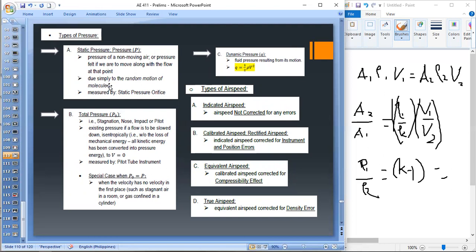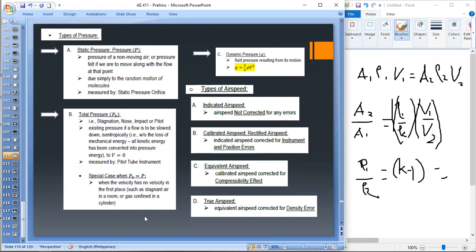So na-discuss naman yan. Static pressure, yun yung random motion of molecules, the pressure of non-moving air, the pressure felt if we are to move along with the flow at that point. So yun yung static pressure natin. Yung total pressure naman, or stagnation pressure, or pitot pressure, is the pressure existing if a flow is to be slowed down isentropically, so all kinetic energy has been converted into pressure energy.